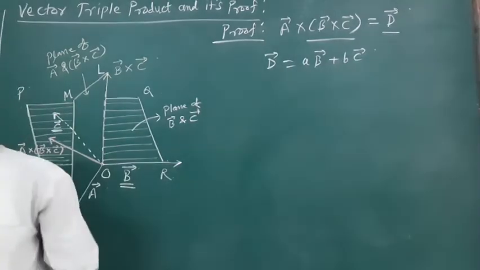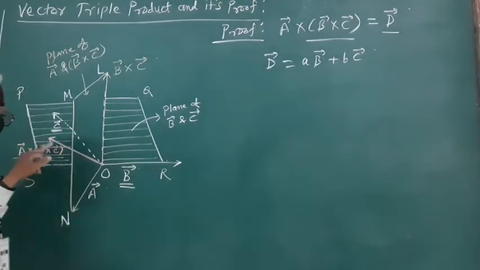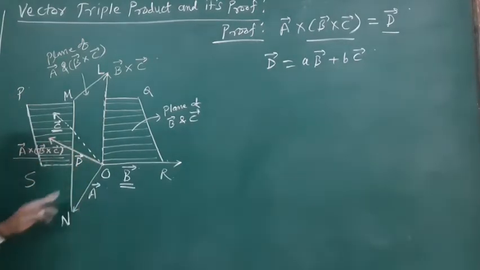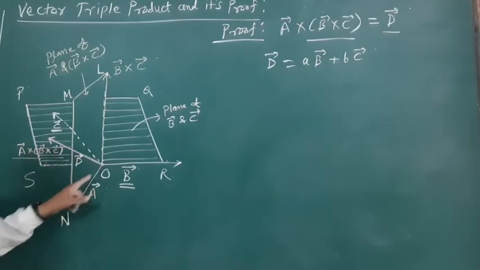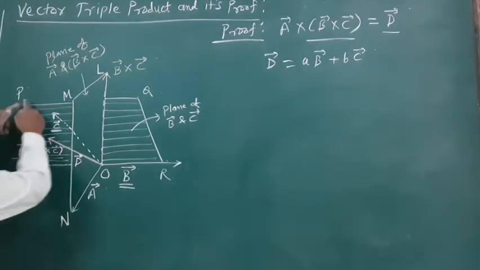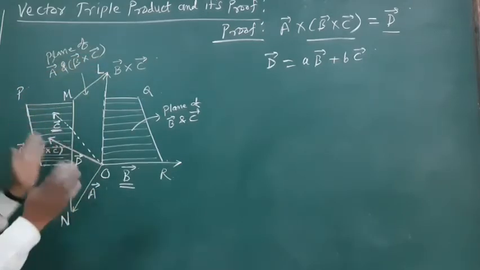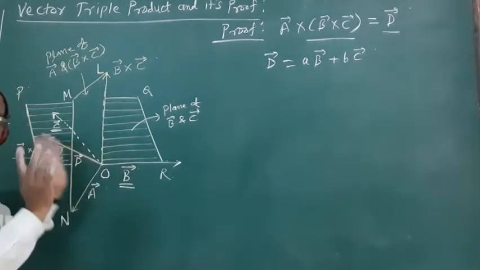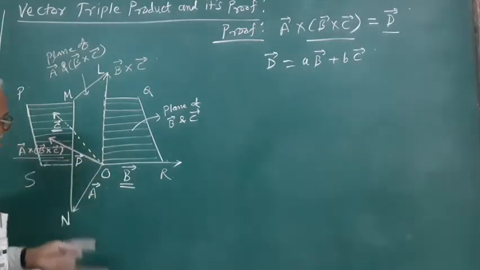So what we can write here is that now this vector D bar, suppose this is the vector D bar. This vector D bar is going to be perpendicular to the vector A bar because we have said that this plane PQRS and the plane LMNO are perpendicular to each other.